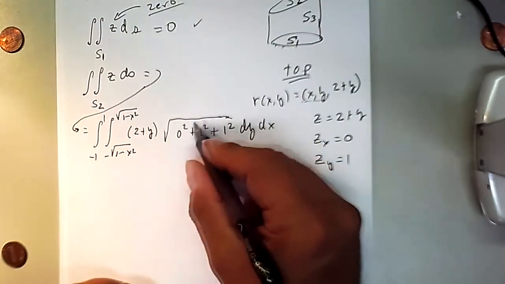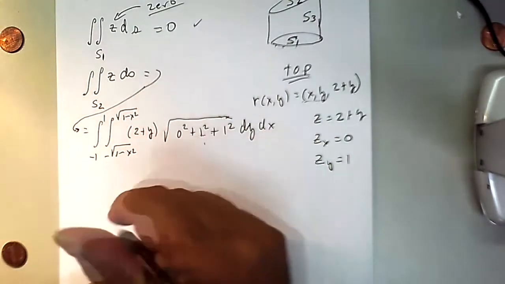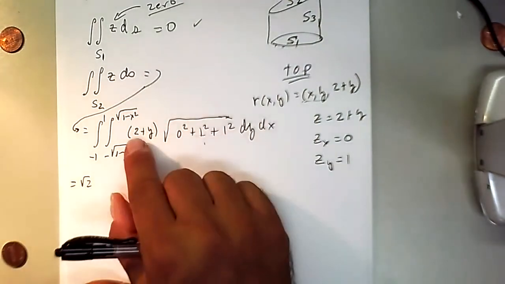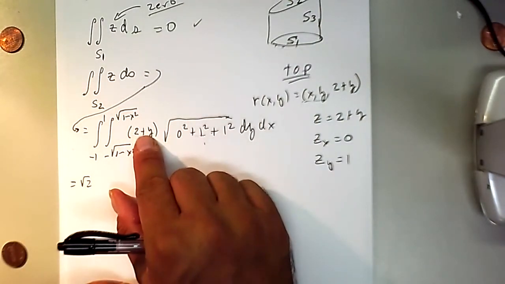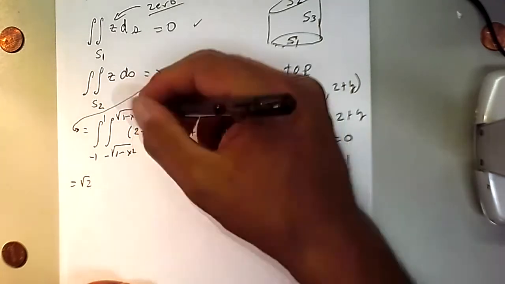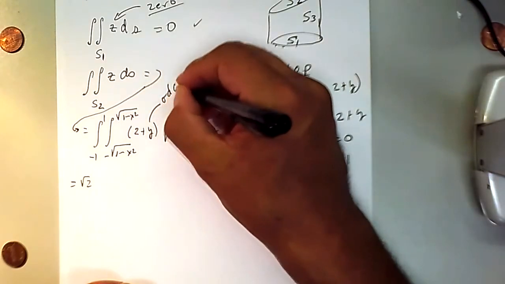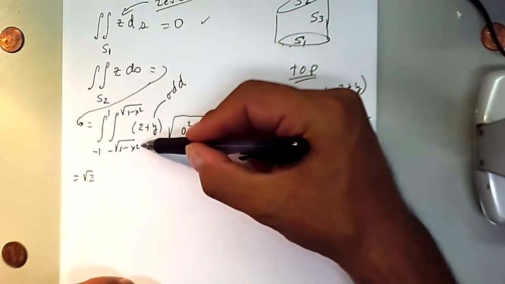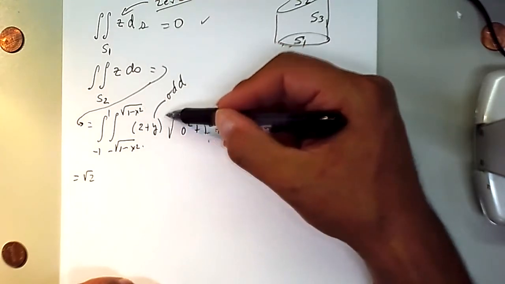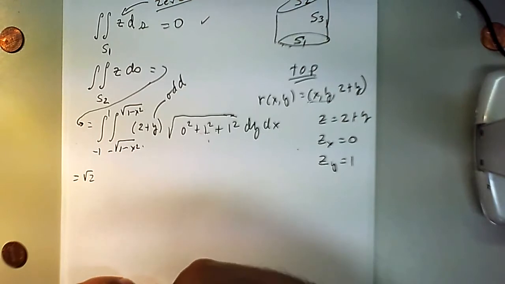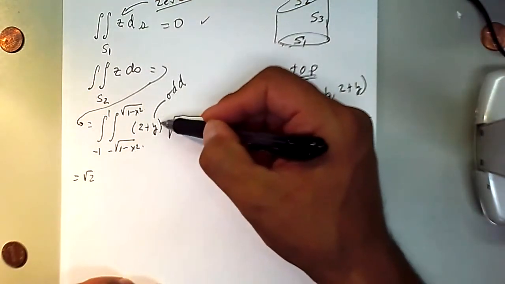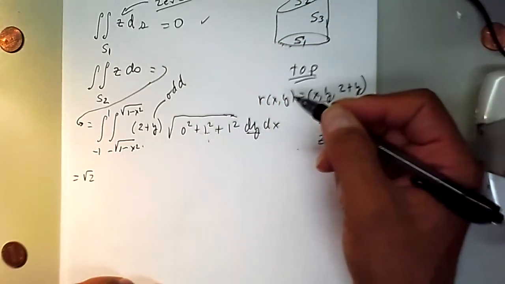Okay, so that is just the square root of 2. The square root of 2 may factor out. And then we're integrating 2 plus y. Y, with respect to y, is an odd function. If you're integrating from negative of a number to positive of the same number, an odd function, that's going to give us 0. And you can just do it yourself. So this is going to vanish. The y portion is going to vanish because that is an odd function relative to y.